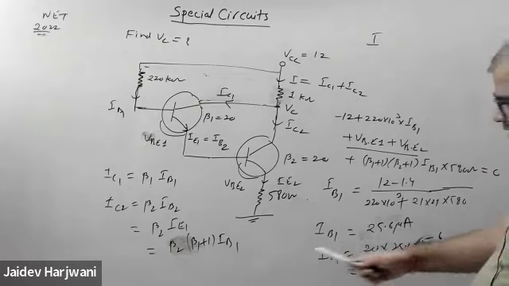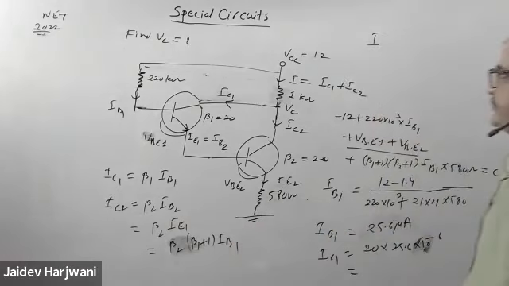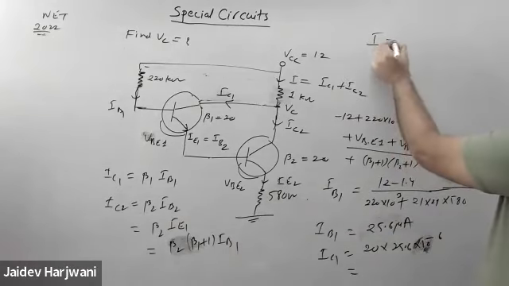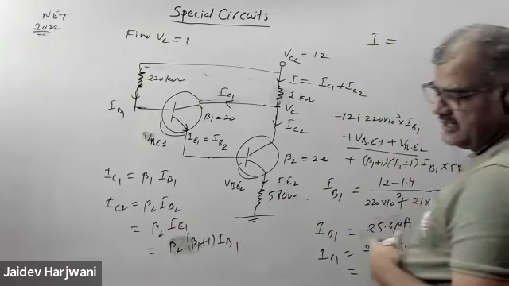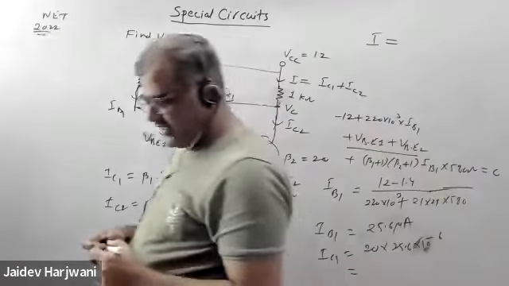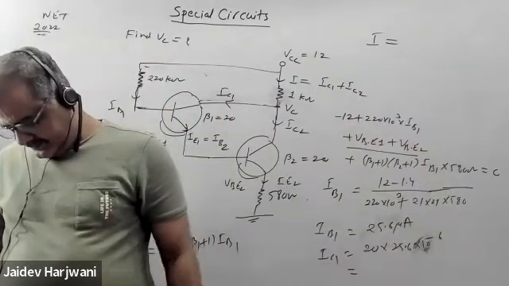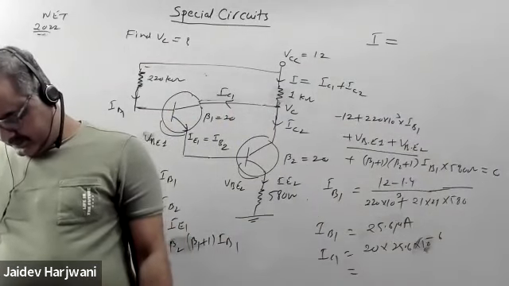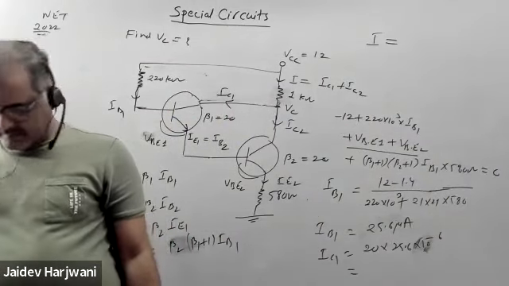Once you know those IB1, you can also find IC2. Tell me total IC1 plus IC2. How much is coming? What is the value of I? In milliampere.